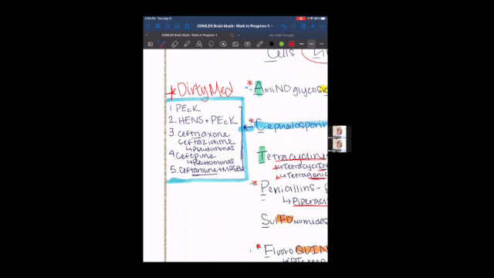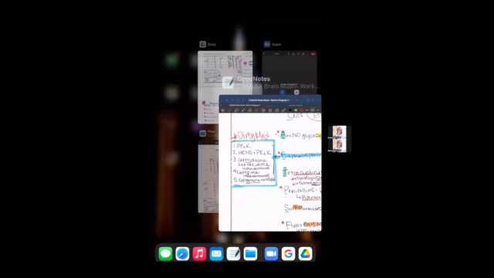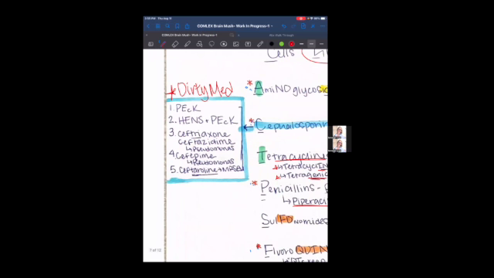So we've got our first gen covers PEC. If you don't know what that stands for, go look at First Aid. Second gen is HENS PEC, so PEC and then HENS PEC. That'll carry you through quite a lot. 10 out of 10 recommend looking at First Aid and getting familiar with that.